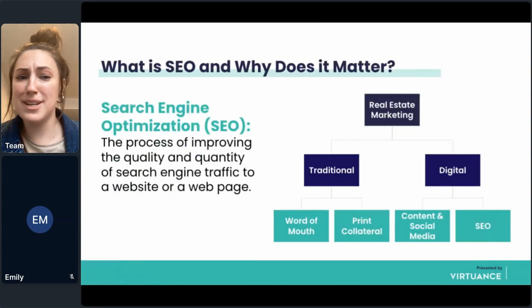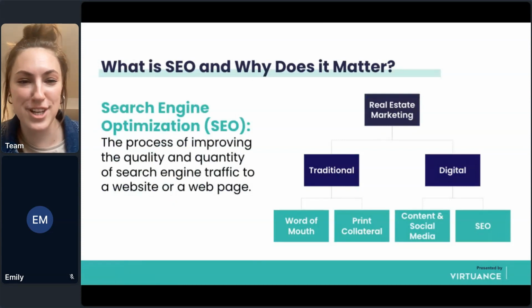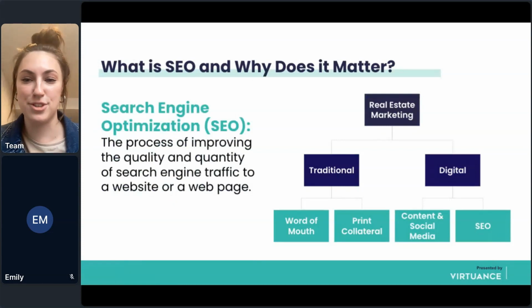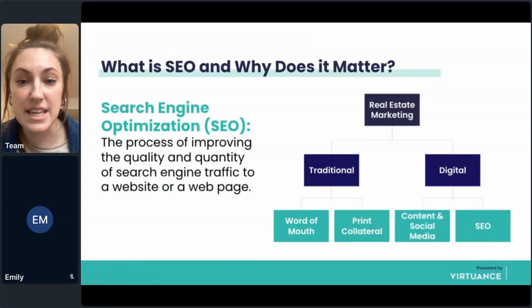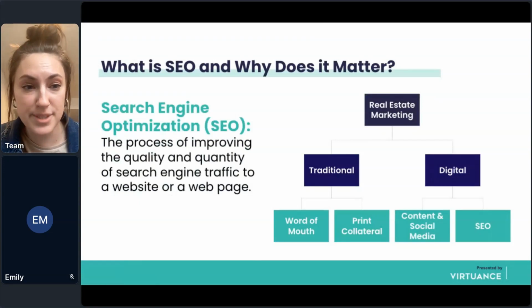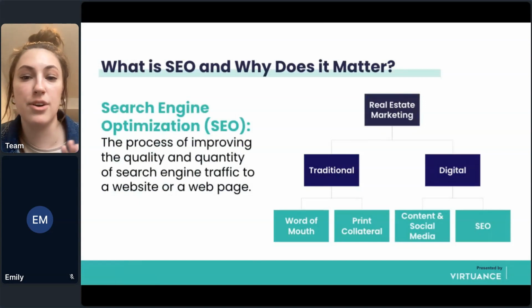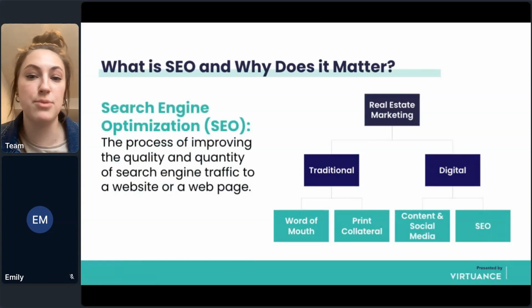So what is SEO and why does it matter? Why is it so important? Search engine optimization, or SEO, helps search engines, think Safari, Google, Yahoo, Bing, find your website easier. By incorporating SEO efforts on your real estate website, in your social media, on your blog, or other online marketing materials, you essentially make it really easy for potential leads to find you, especially if they are ready to buy or sell a home.